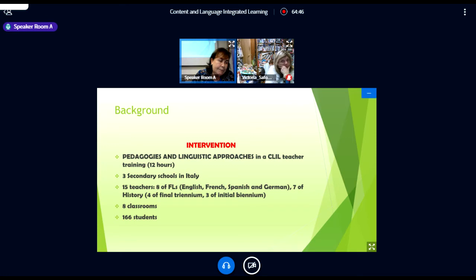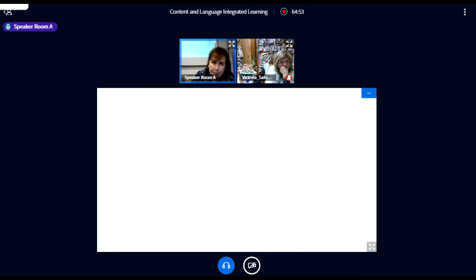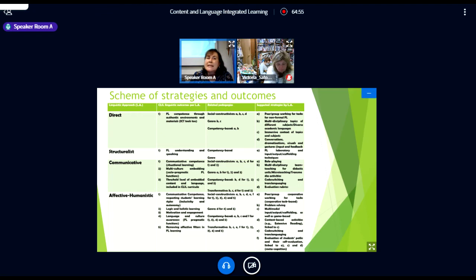So, we had to train them, but also to give them stronger support with a scheme of strategies and outcomes they could obtain, linking pedagogies and linguistic approaches, giving them an overall scheme of the linguistic outcomes per linguistic approach and the strategies they could obtain through pedagogies and linguistic approaches together.